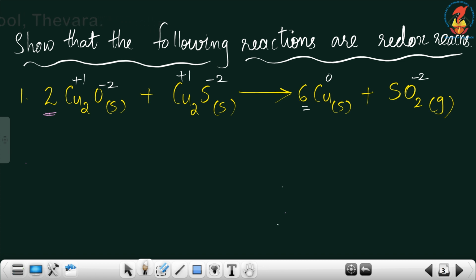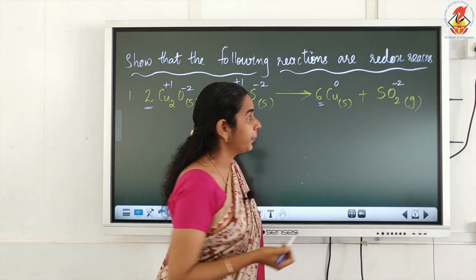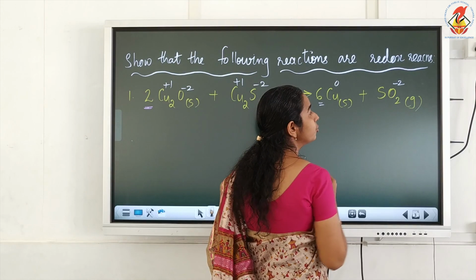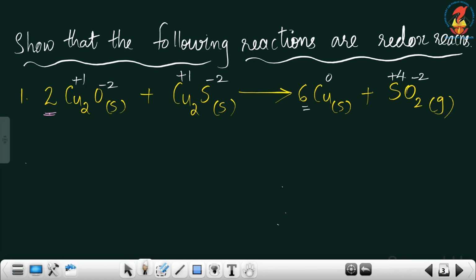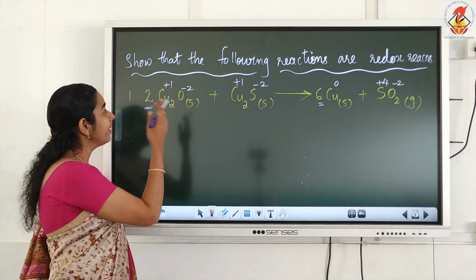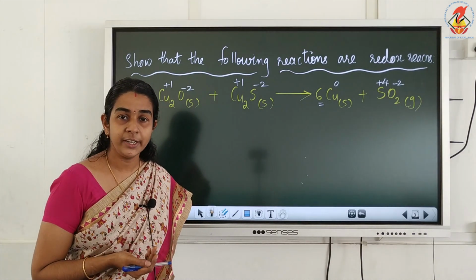Here also it is a neutral species, so the sum of oxidation states should be equal to 0. So here sulfur should be +4 because we have only 1 sulfur atom. Or if you want, you can give X to the sulfur and assign the oxidation number.